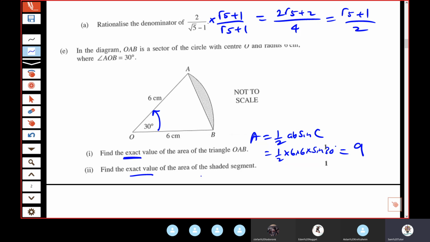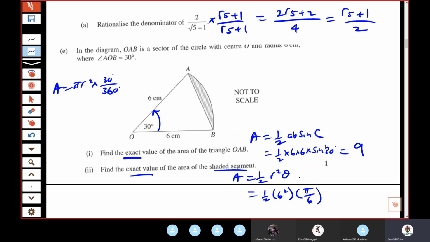Find the exact value of the area of the shaded segment. You obviously need to find firstly the area of your sector, half r squared theta, which equals half 6 squared times pi on 6. You could also have used pi r squared times 30 degrees on 360, whatever you're more comfortable with.